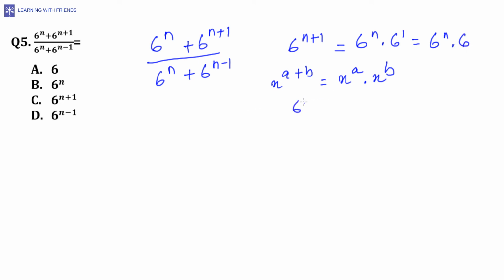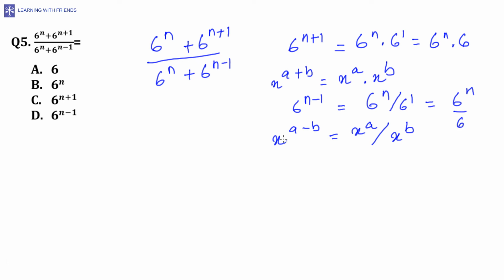Similarly, 6 to the power n minus 1, if it was x to the power a minus b, that would be x to the power a divided by x to the power b. So 6 to the power n minus 1 would be 6 to the power n divided by 6 to the power 1, which is 6 to the power n divided by 6.